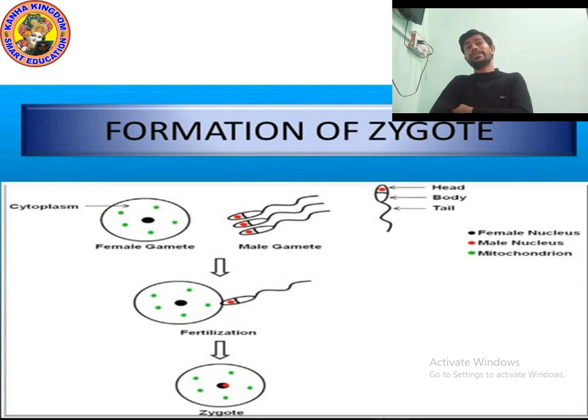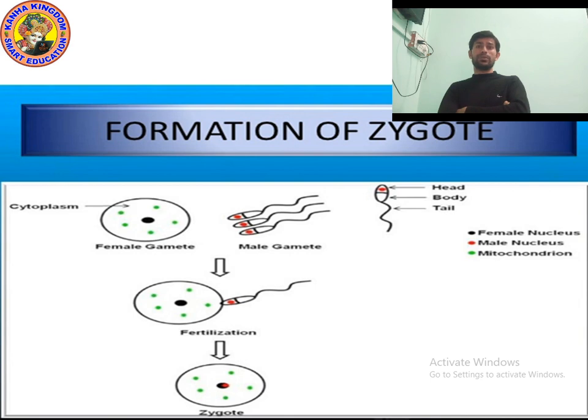A zygote is always formed from the union of two gametes and constitutes the first stage in a unique organism's development. Zygotes are usually developed by a fertilization event between two haploid cells, an ovum and a sperm cell, which combine to form a single diploid cell which contains DNA.